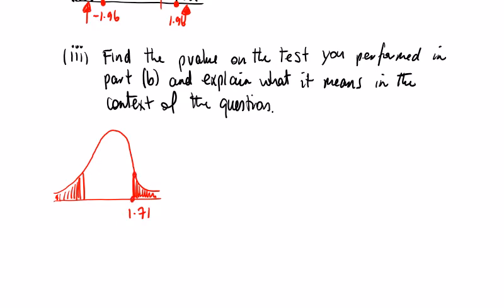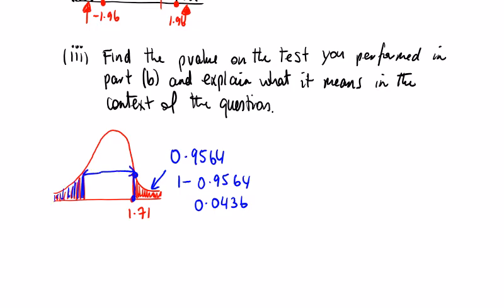So we look up 1.71 in the Z-score tables, and 1.71 gives us a value of 0.9564, so this area here will be 1 minus 0.9564, which is 0.0436.